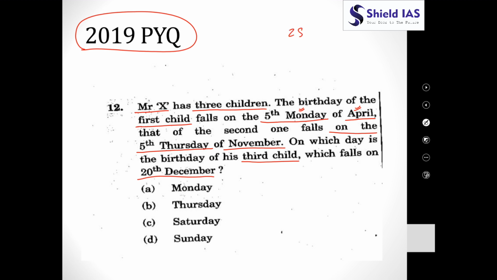So in the initial 28 days, there would be at least 4 Mondays in April. Yes. So if there has to be a 5th Monday in April, then either 29th April or 30th April must be a Monday. Either this has to be Monday or this has to be Monday.